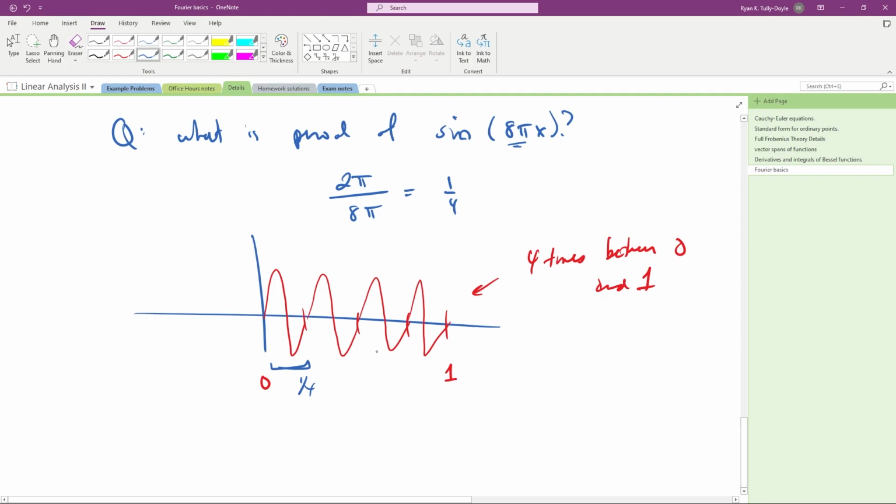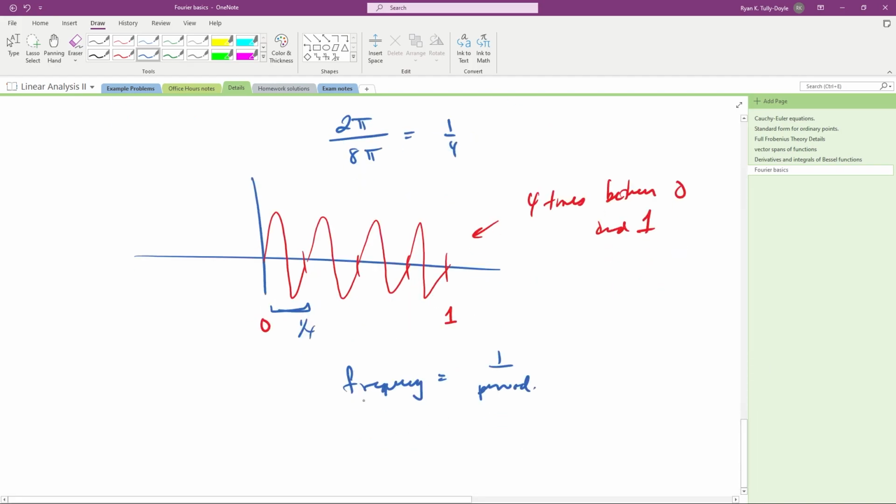And that's actually why the frequency of a function is the reciprocal of its period. So frequency is 1 over the period. And part of the reason why we're adjusting these functions so that they have a base period of 1 is so that it's very easy to read off the relationship between frequency and period.